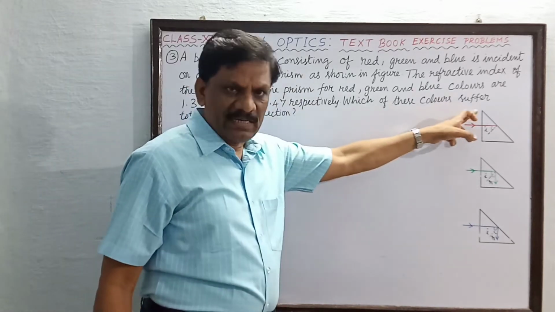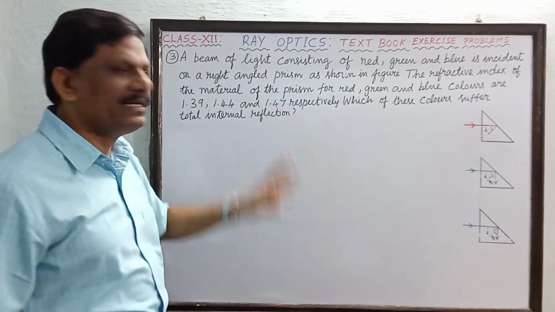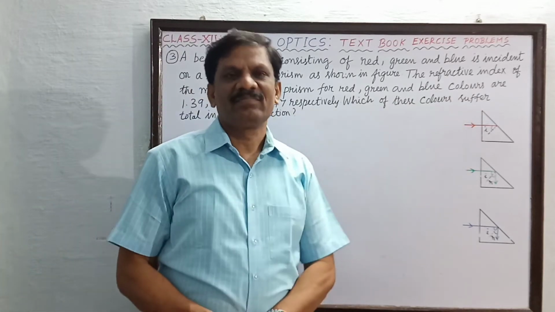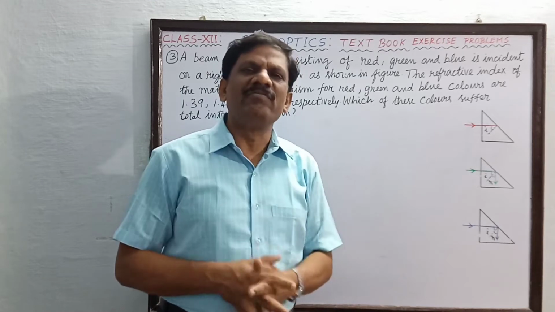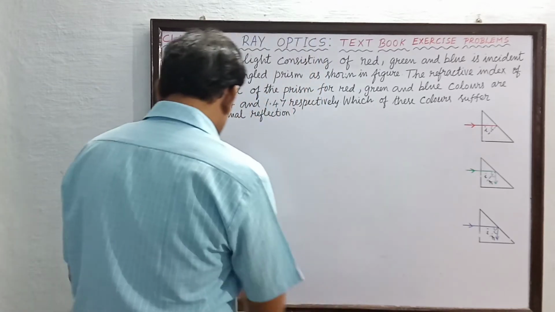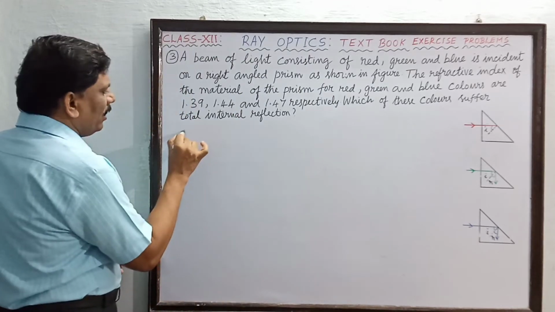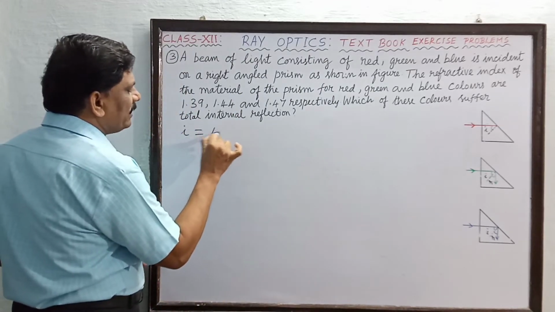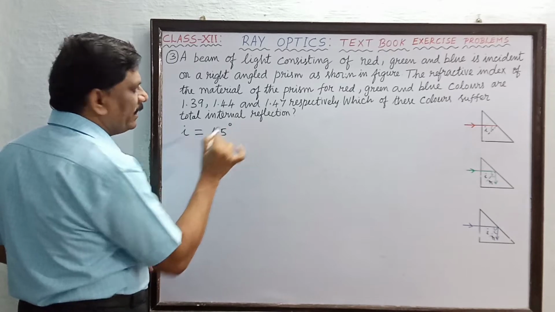Which of these colors will suffer total internal reflection? So what is common for all these three colors is the angle of incidence. So I will write angle of incidence i is equal to 45 degree.